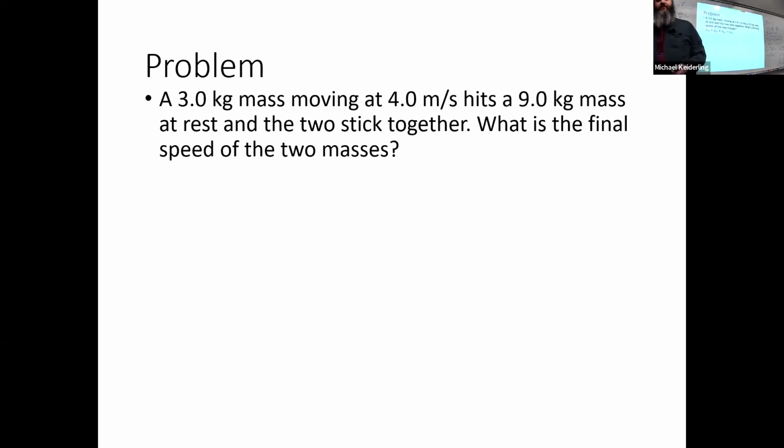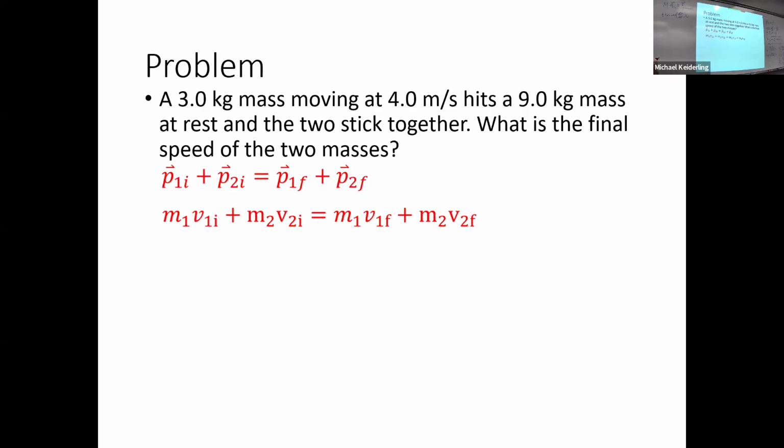So momentum is conserved. So momentum 1 initial plus momentum 2 initial equals momentum 1 final plus momentum 2 final. So that's mass 1 times velocity 1 initial plus mass 2 times velocity 2 initial equals mass 1 times velocity 1 final plus mass 2 times velocity 2 final. But these two masses stuck together.